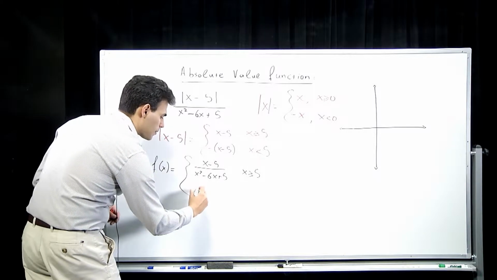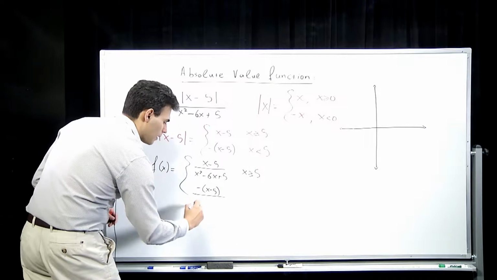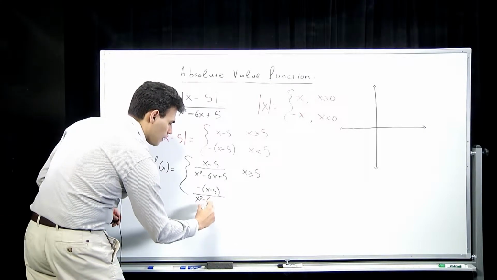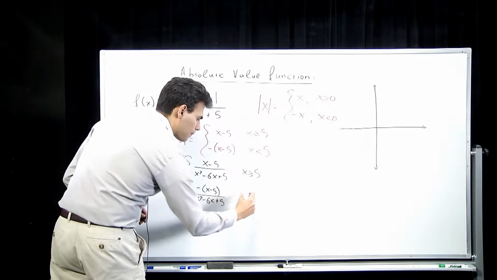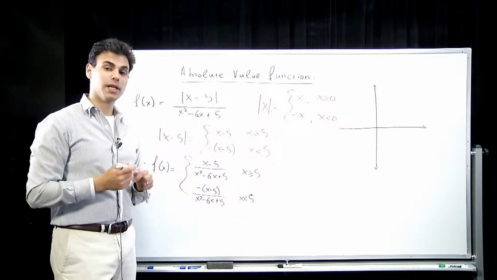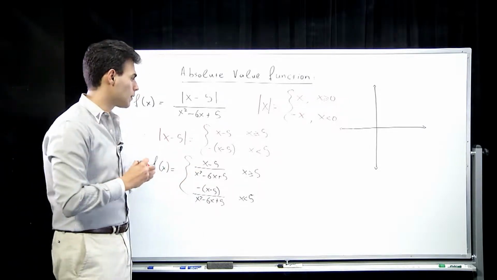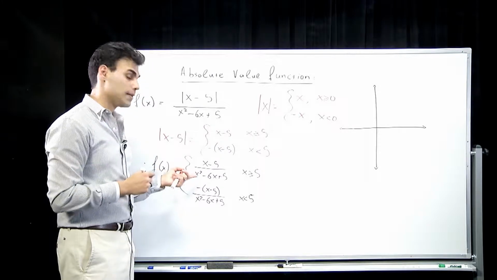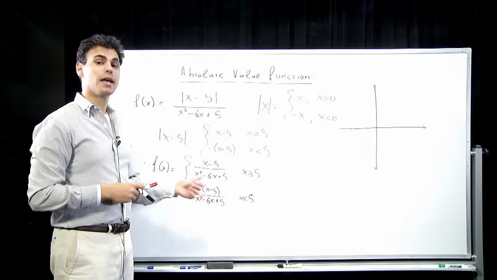And it becomes minus (x minus 5) if x is smaller than 5. Right? Now, we have to be a little bit careful with the denominator. The denominator can actually be factored, so let's go ahead and factor it. It's a trinomial, and you're looking for two numbers that multiply to 5 and add to minus 6.